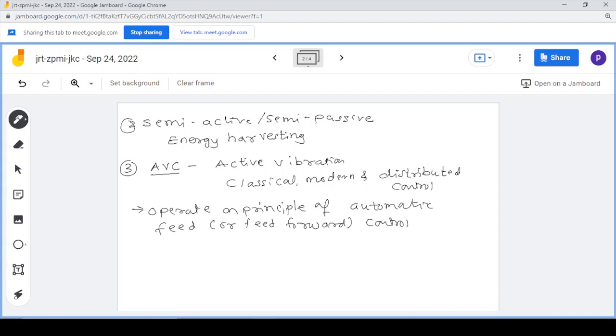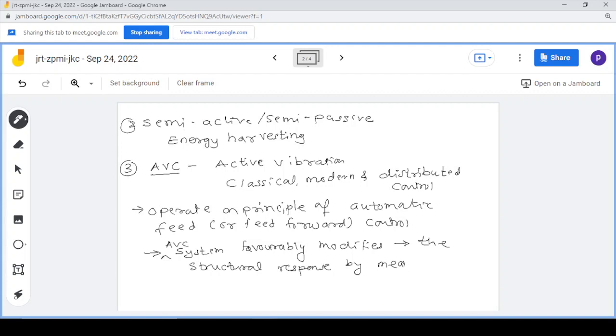So what does the active vibration control system do? The active vibration system, let us call it AVC, favorably modifies the structural response by means of one or more actuation.